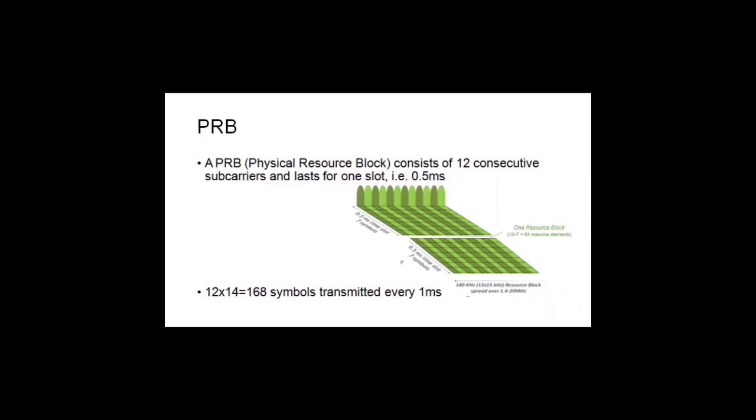Each slot is subdivided into 7 OFDM symbols, so 1 millisecond will be subdivided into 14 OFDM symbols. And since we have 12 subcarriers, we will have 12 times 14, so we have 168 symbols that can be transmitted during 1 millisecond.